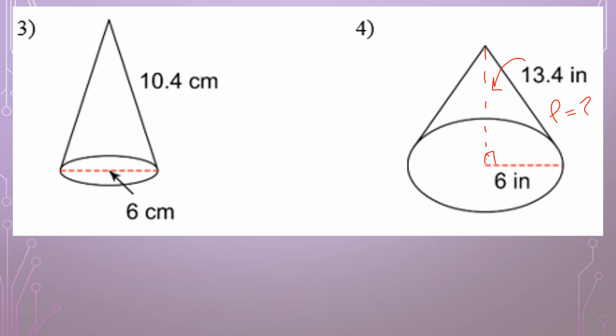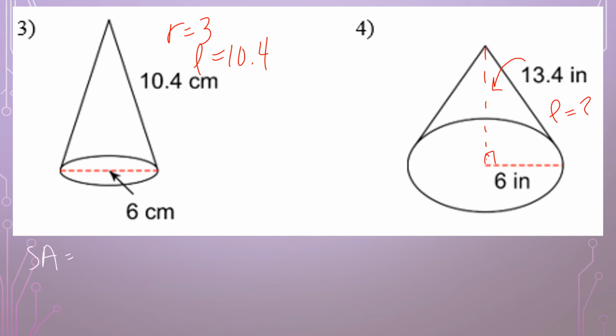Okay, so hopefully you guys had enough time for number 3. So we are trying to figure out the radius would be 3, and then the slant height is 10.4. So we're just going to plug that into our equation.